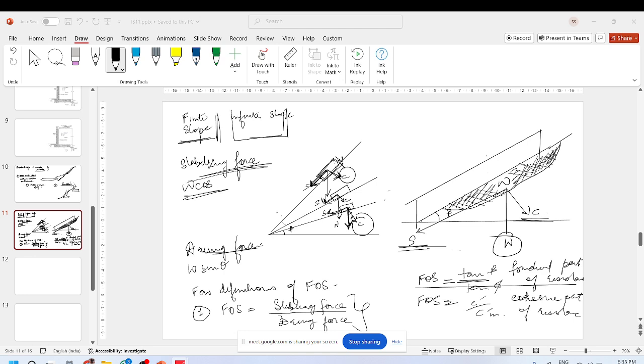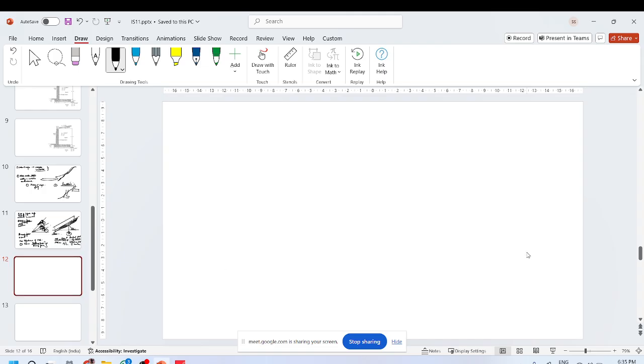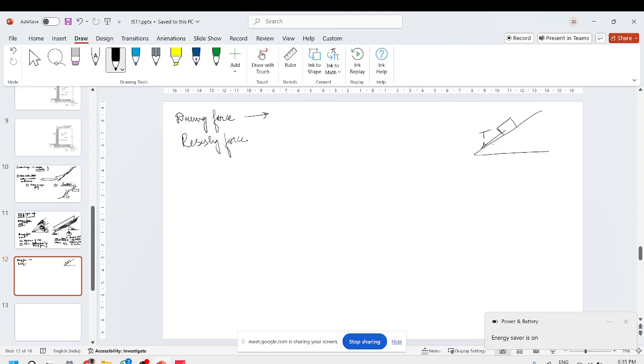Okay, so basically what we have taken here is the driving force is the tangential component here, and the resisting force is the strength of the soil itself.